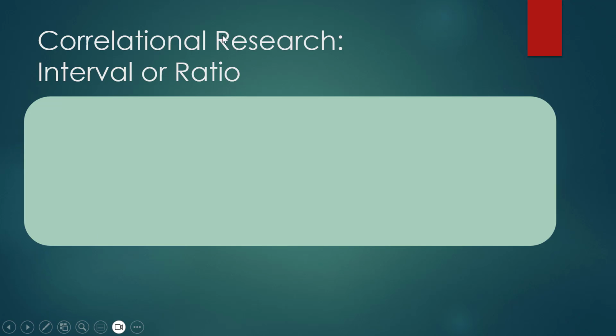Now we're going to move on and talk about correlational research, in particular when you still have that interval or ratio level of measurement. For correlational research, and I really hope you all are understanding the difference now between correlational research and a true experiment, you have scores and each pair are identified as X and Y. So one individual gets at least two separate scores.